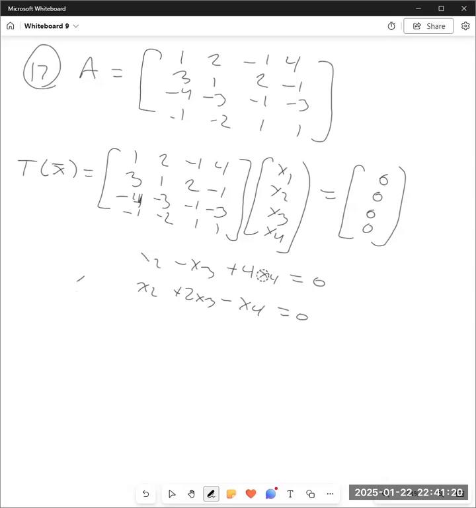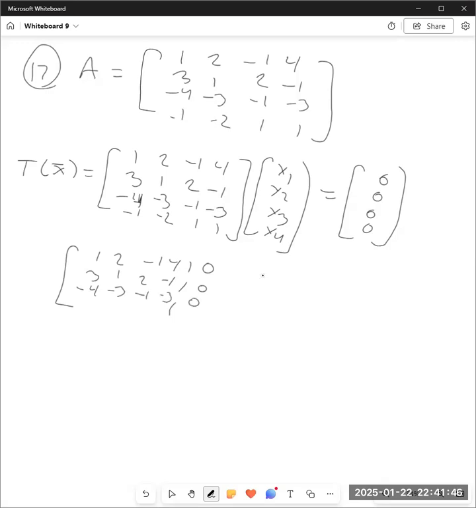Let's just set it up this way, which is a slightly different way to do it without writing all that. I can take A and augment it with a column of zeros, and then I can RREF that.